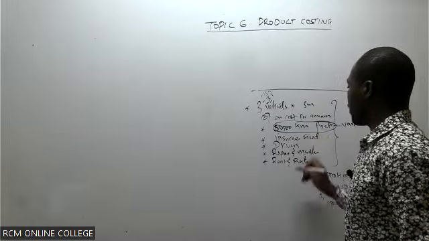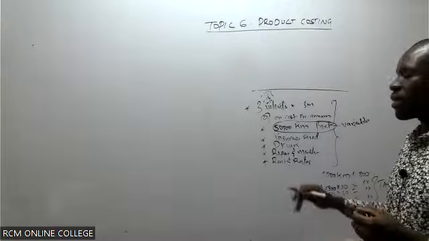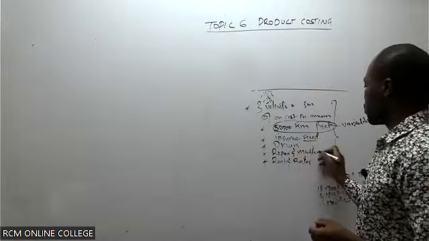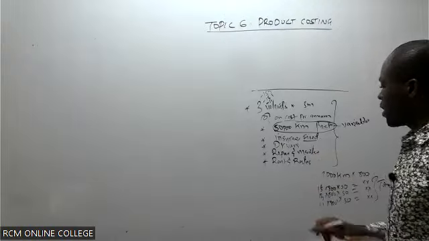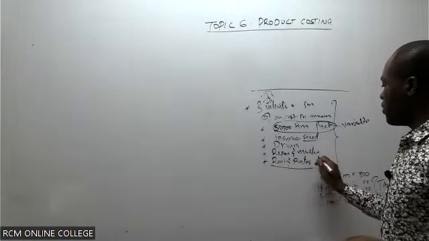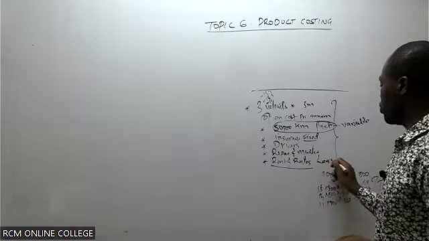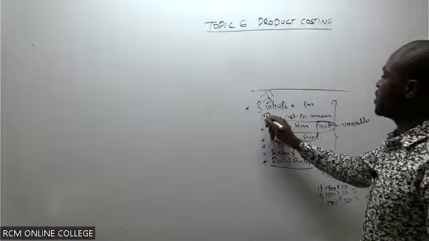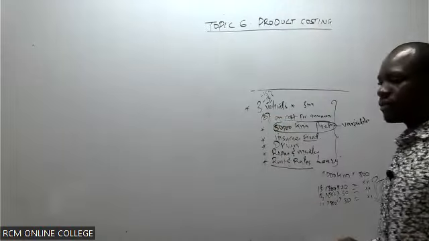Whether you are going to use the vehicle on a daily basis or not, it will be fixed. Repairs and maintenance, maybe a fixed amount. Rent and rates, the office, maybe you've taken a lease, so you are going to pay a fixed amount for a given period of time. The depreciation here is fixed.